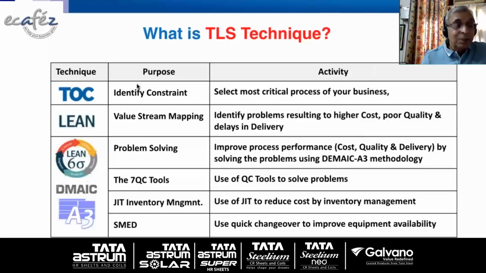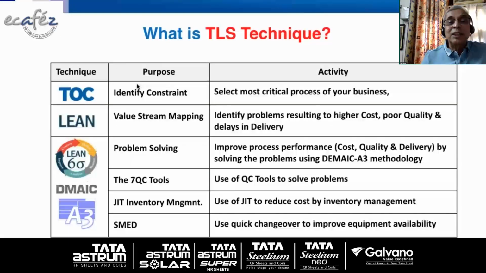How has it been used? TOC is one of the most powerful techniques which identifies the constraint in a system, because we have to focus on the constraint instead of all processes. Then once the constraint is identified, we go to the micro level analysis, a pathological diagnosis of the process, and identify the problems using the value stream mapping of the constraint process.